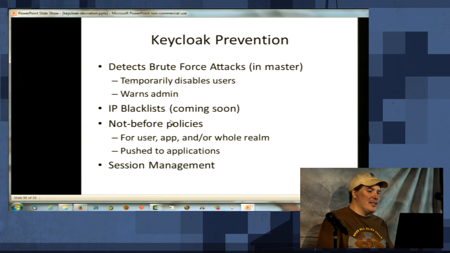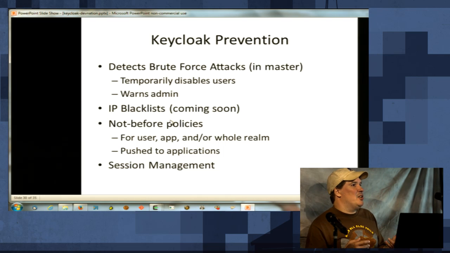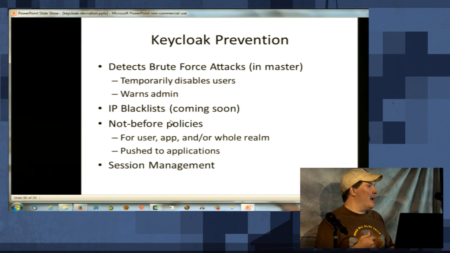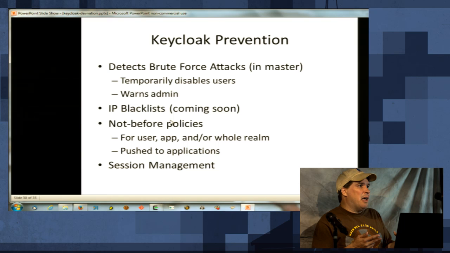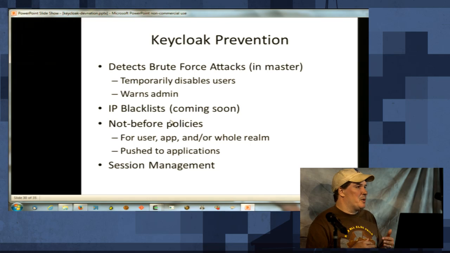Another thing we support is not-before policies. Our access tokens have a very limited lifespan, depending on how you configure it, but by default it's only a couple minutes. So after a couple minutes, these tokens actually have to be refreshed through a refresh token back to the server. What you can do is set up global not-before policies in the administration console.